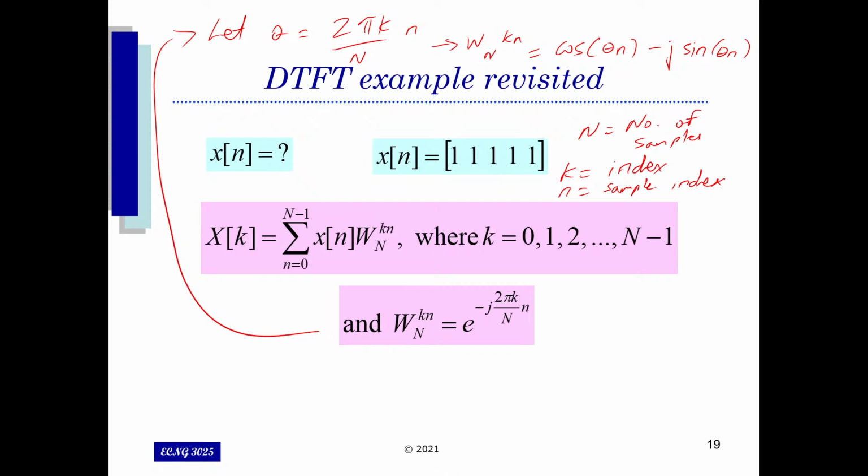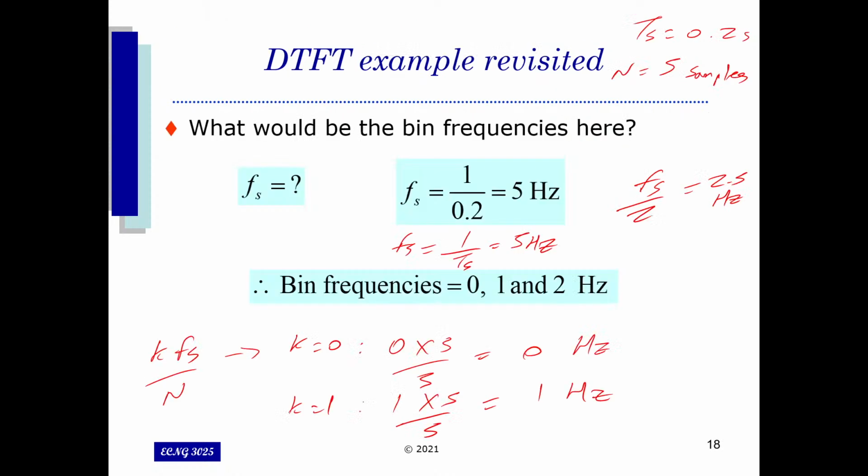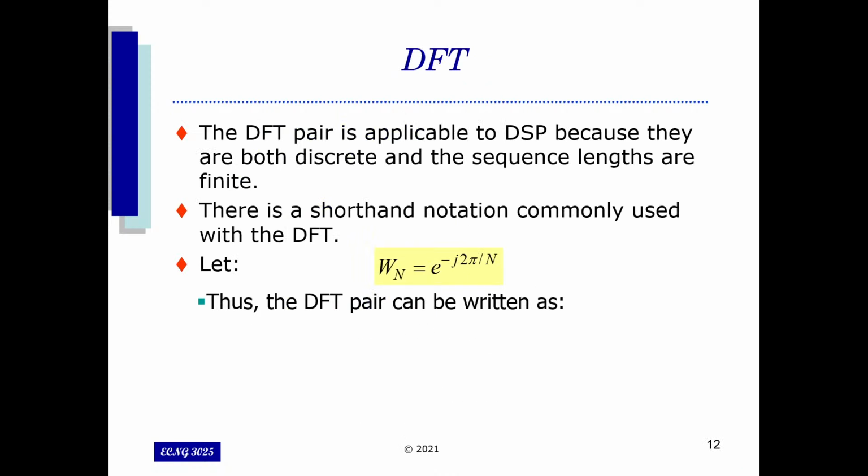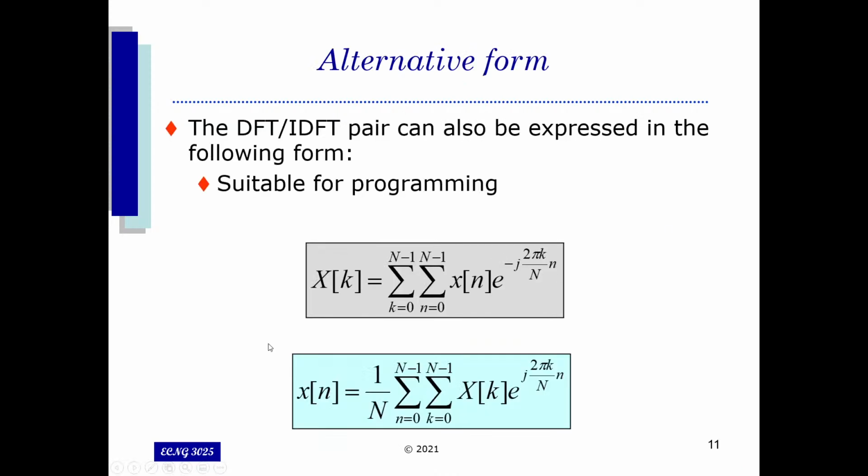And this goes back to, let me backtrack a little bit so you understand why we have k and n here. Let's go back a little bit because we just saw this when we were doing the programming part. The reason why we have k and n here is because of these summation loops that we just now saw. So we have an outer summation loop, which is k equals 0, and an inner summation loop, where n equals 0. If we were doing the iterations here for that twiddle factor, the iterations will go such that it will be k equals 0, and then n will go 0 to 4.